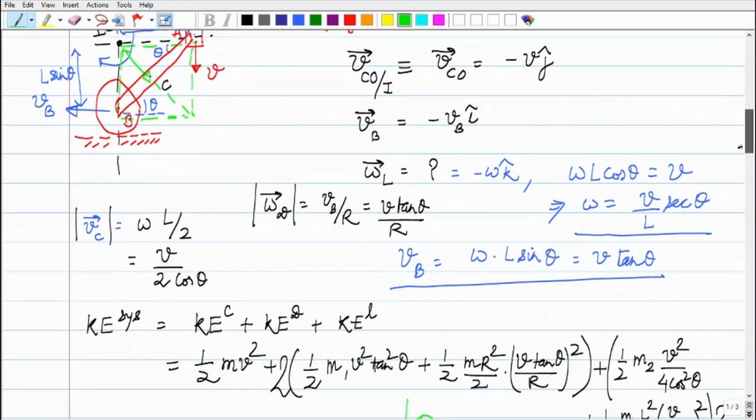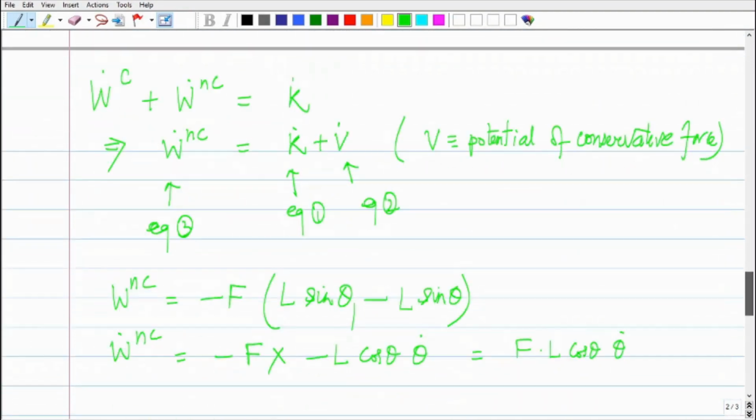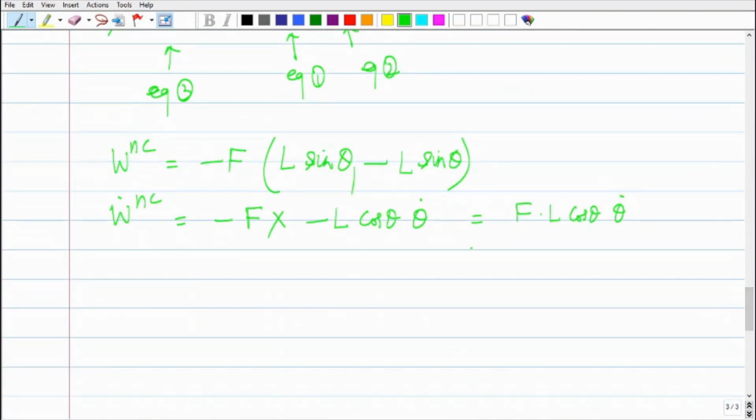The omega is V by L cos theta. So we can put it here. So this is F into L into cos theta into V by L cos theta, right? So these cancel, and finally we have F into V.